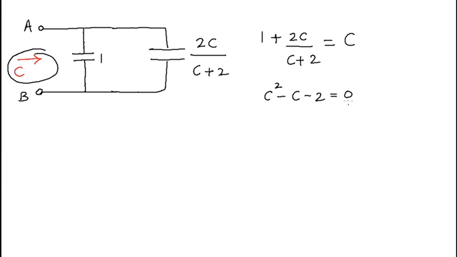And when I solve this quadratic equation and accept the positive root while rejecting the negative root, I finally end up with an answer of C equal to 2. And of course I have consistently assumed that the units are microfarads, so I put a microfarad unit here at the end. The effective capacitance of this infinite network of capacitors is 2 microfarads.